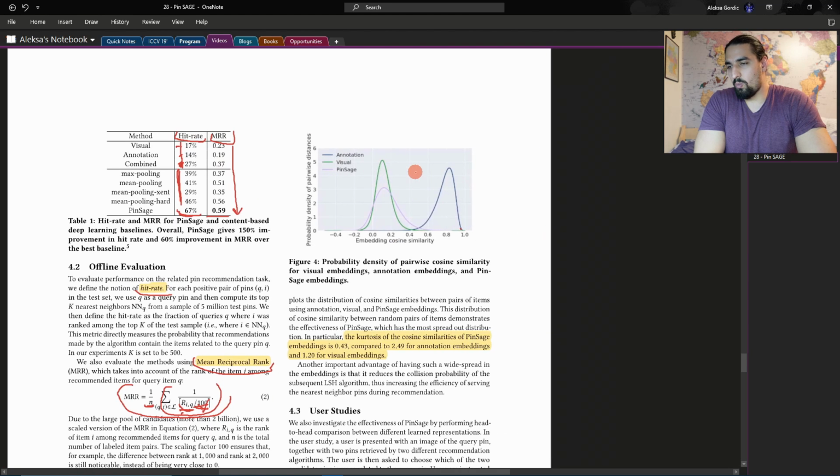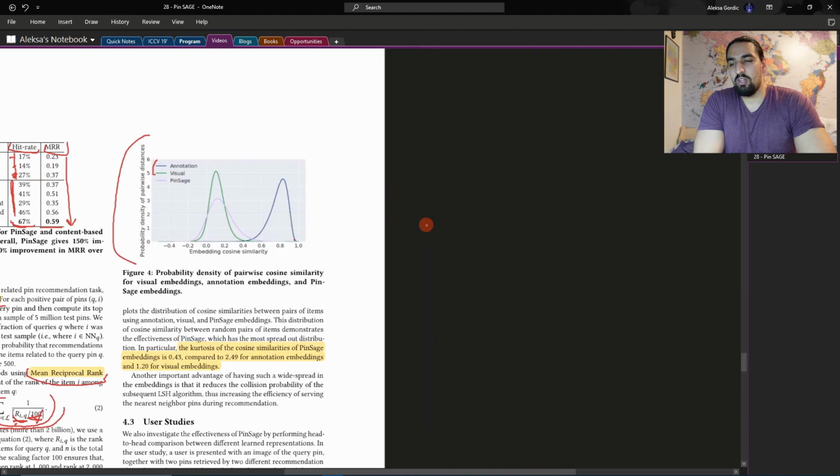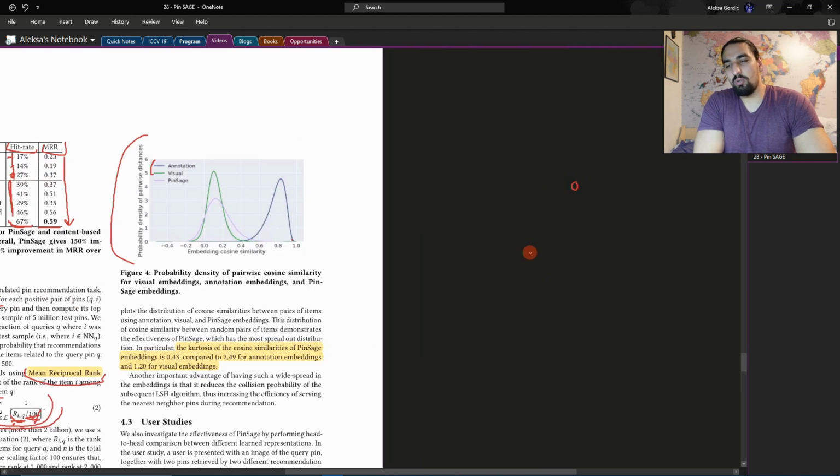But first, one more important analysis they did is the exploration of the embedding space that the PinSage method created against these baselines, the annotation and visual baselines. They took the embeddings, so you have a bunch of pins and they are embedded, and you take two random pins and their embeddings and compute the cosine similarity.